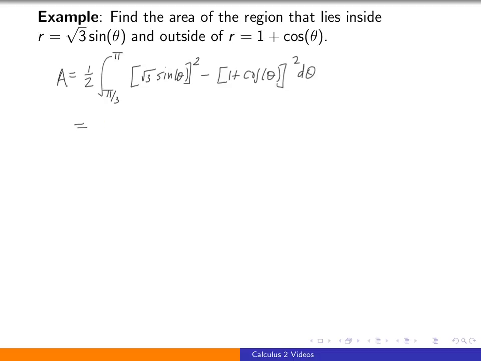So the 1/2 is out front, and what we need to do is just expand everything in the integrand. So this would be 3 sine squared theta minus the quantity, if we expand this out, 1 plus 2 cosine theta plus cosine squared theta.